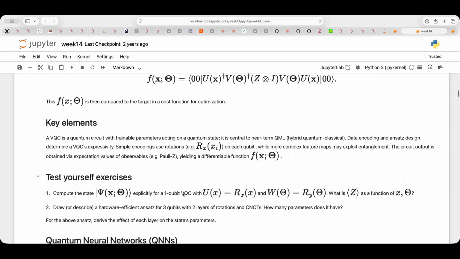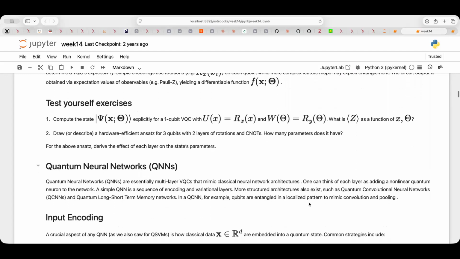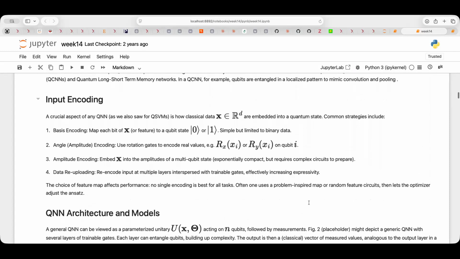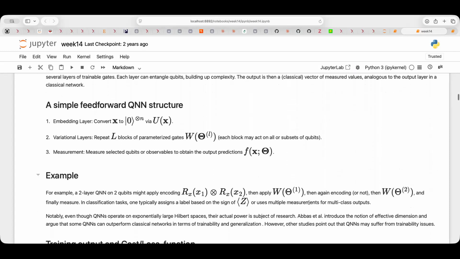The key element then is actually this transformation here, simple encodings like user rotations, and then the set of different Pauli matrices which enter the rotational part. So the example which we have here is a simple feed-forward quantum neural structure.